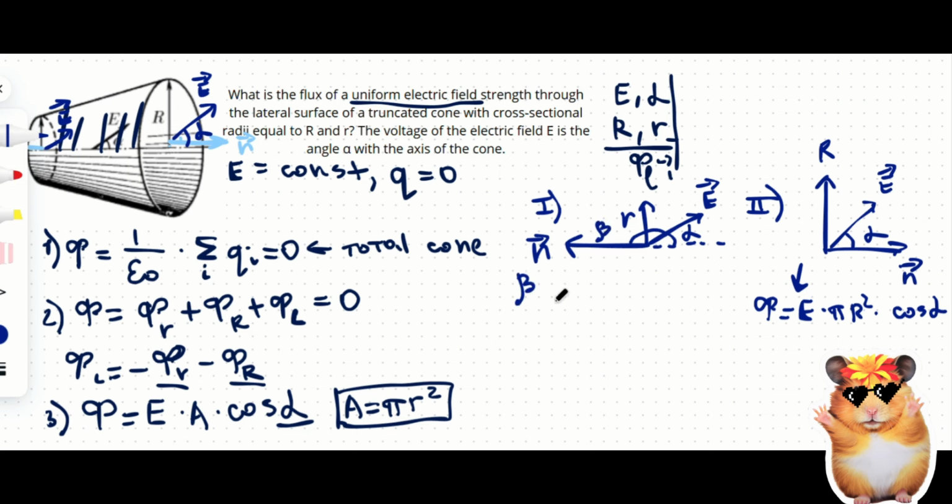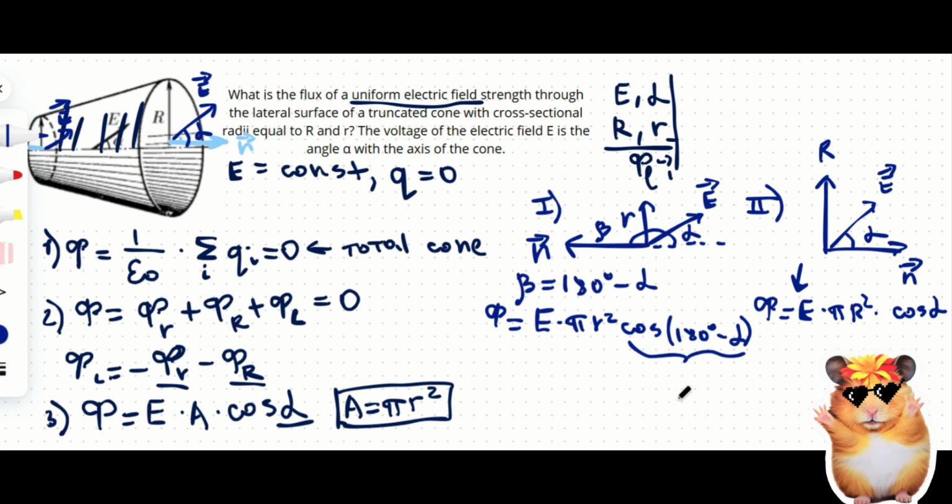But beta is equal to 180 degrees minus alpha. So the flux is equal to electric field multiplied by pi small r squared cosine of 180 minus alpha. And cosine of 180 minus alpha gives us minus cosine alpha.